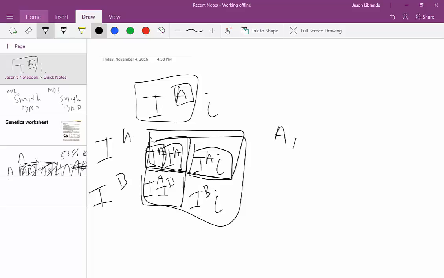The second possibility is AB. Remember, it's codominant. So we're going to get both the A blood type and the B blood type. And the last one then is B. So here we just have the B allele and then a lowercase I. So the possible blood types are A, AB, and B.